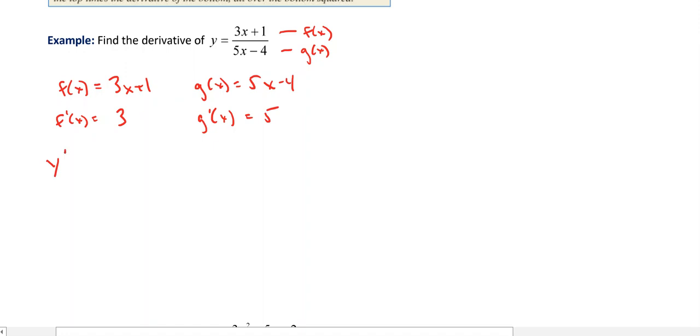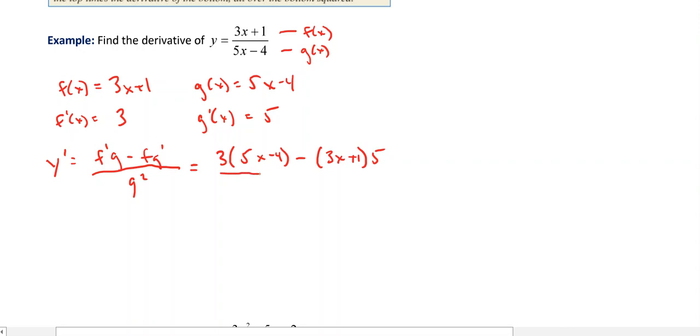So the formula says that y prime is equal to f prime g minus f g prime all over g squared. So that's going to look like 3 times, that's f prime, g is 5x minus 4, minus f, which is 3x plus 1, times g prime, which is 5.